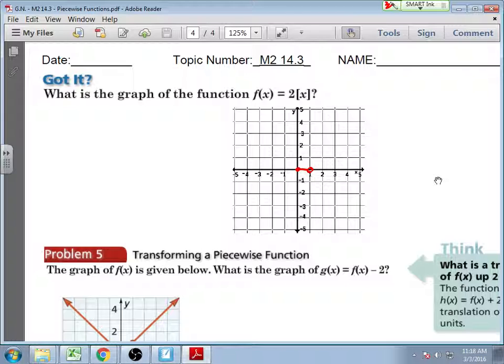I now say, well, what if now my x is 1? Well, times 2. That's going to give me a value of 2. But this is shaded because it's included all the way up to where x becomes 2, open circle.